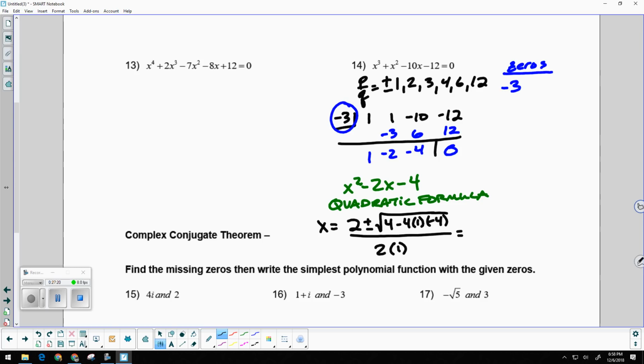When we simplify all that, it's going to be 2 plus or minus 2 times the square root of 5, all over 2. And then that's going to be 1 plus or minus the square root of 5. There's my other 2 zeros: 1 plus the square root of 5 and 1 minus the square root of 5. I have a degree of 3, so I'm going to have 3 zeros.